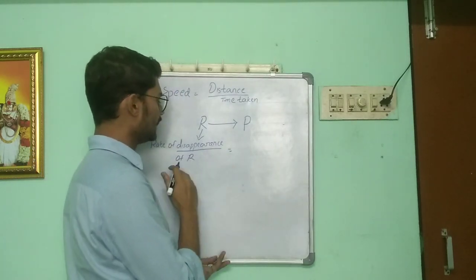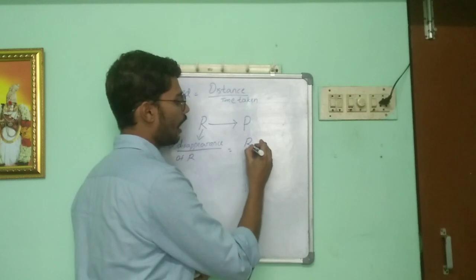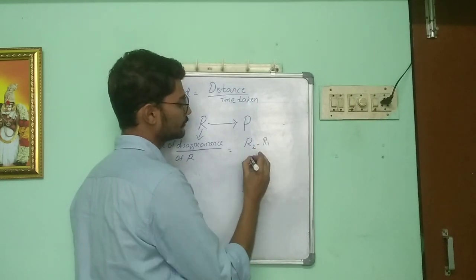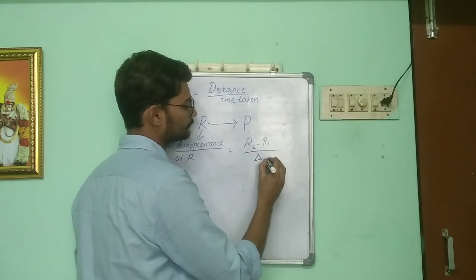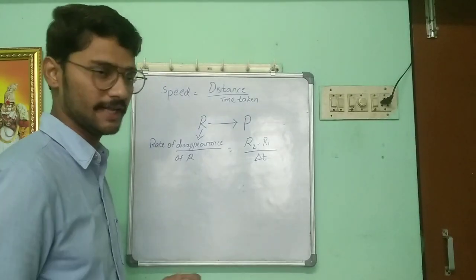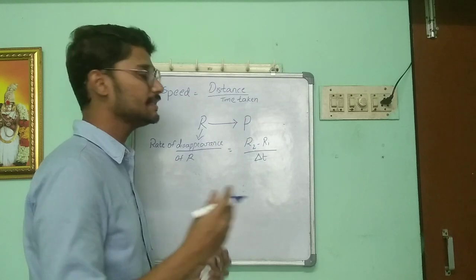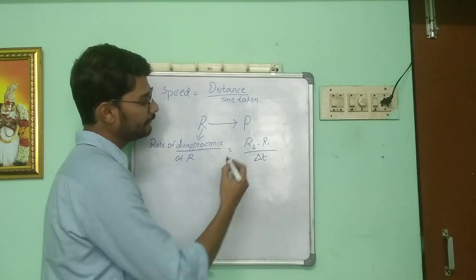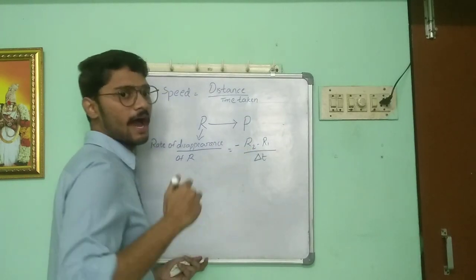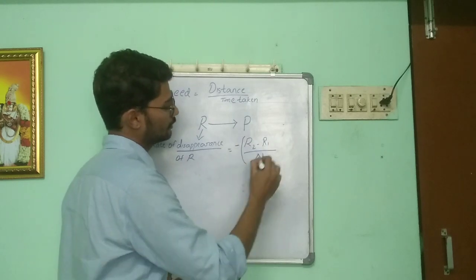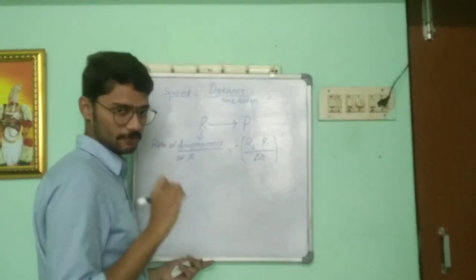So we write the rate of disappearance as R2 minus R1 by delta T. Delta T is nothing but the change in time taken, and we have to put a minus symbol here. I'll explain soon why we have to put a minus for the rate of disappearance.